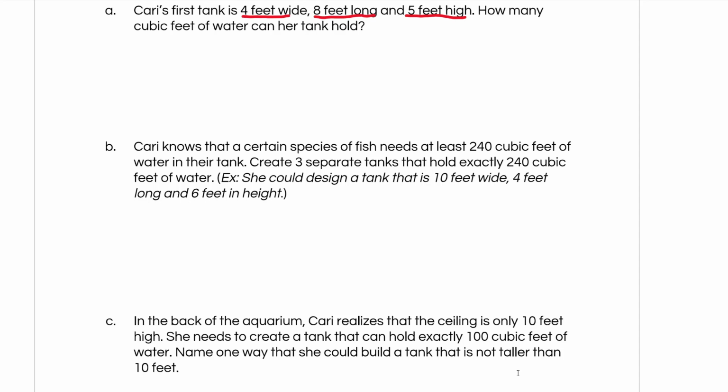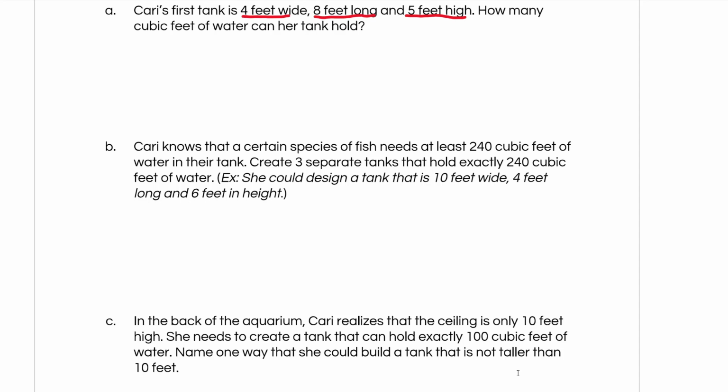Create 3 separate tanks that hold exactly 240 cubic feet of water. We have an example. Yeah. She could design a tank that is 10 feet wide, 4 feet long, and 6 feet in height. I'm so sorry. In height. Yeah.